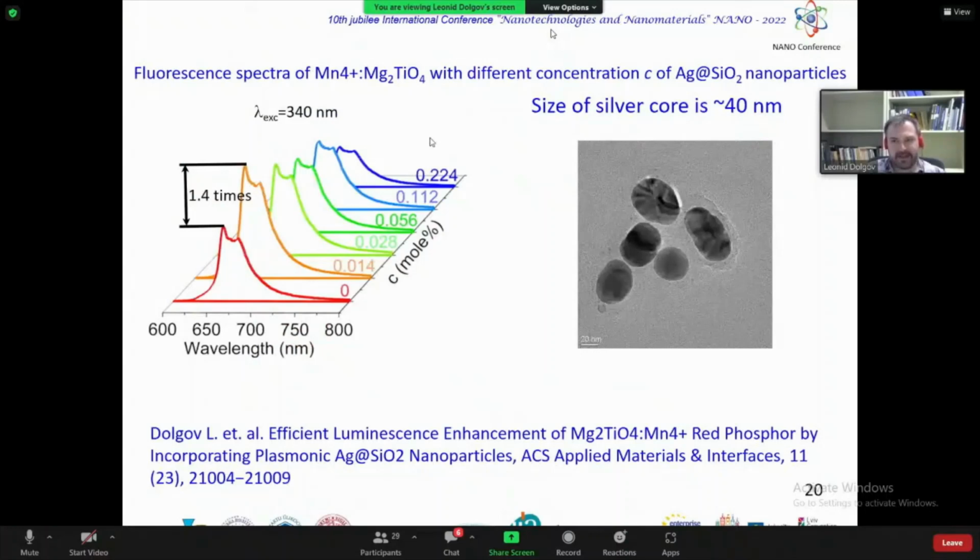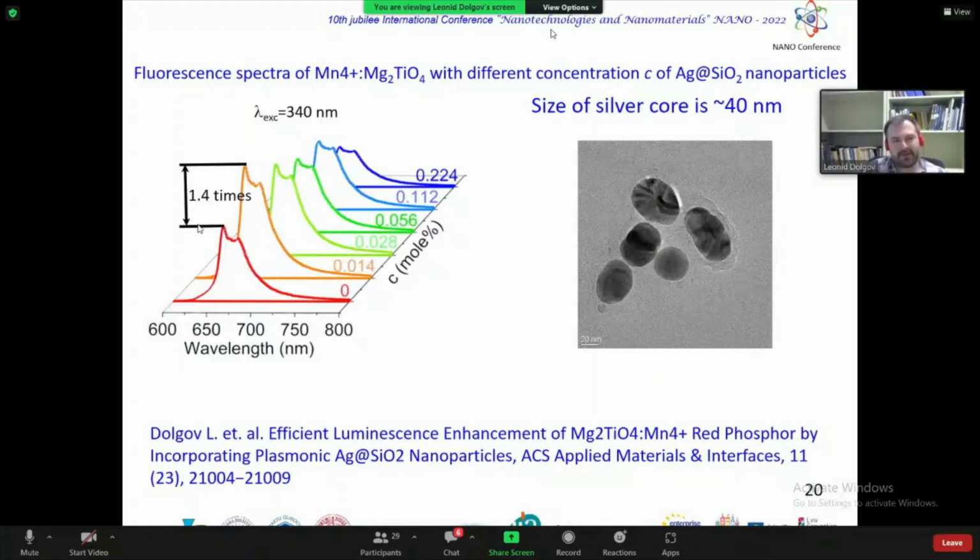And the same situation occurred when I collaborated with another group in China, and we tried to realize a plasmon phosphor on an inorganic basis. We used Mn4+ ions, and we added some silver particles inside the system to see how they increase intensity.